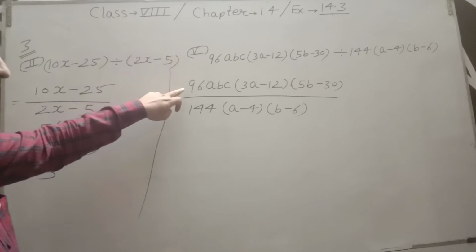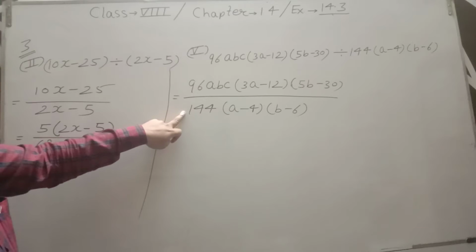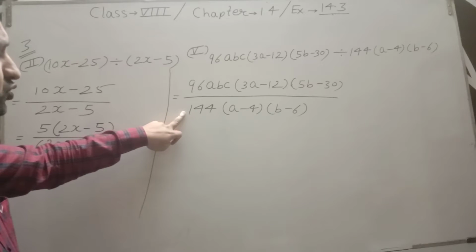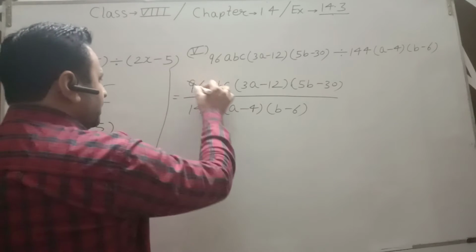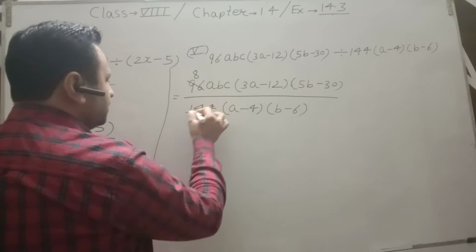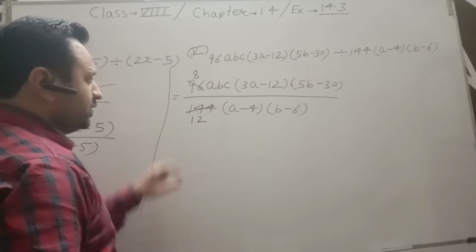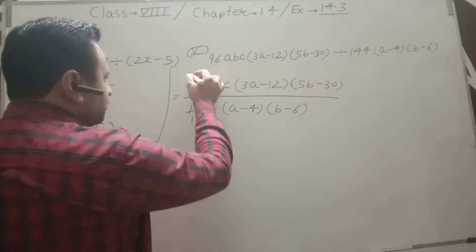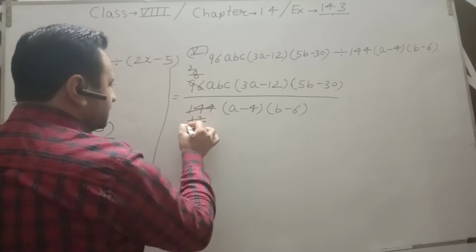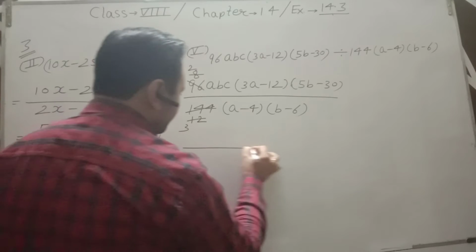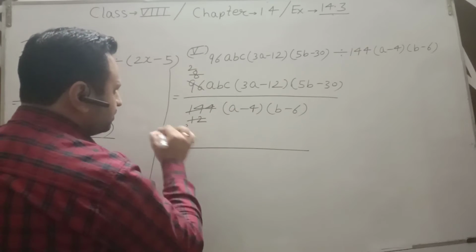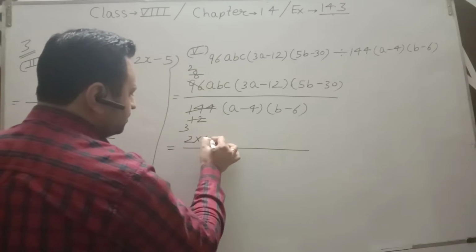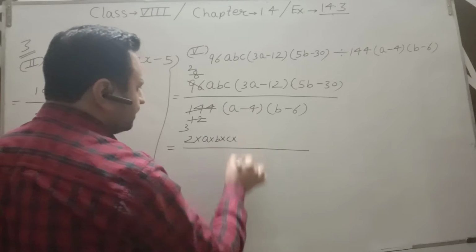Now we observe that 96 and 144 are both divisible by 12: 12 times 8 is 96 and 12 times 12 is 144. 8 and 12 are both divisible by 4: 4 times 2 is 8 and 4 times 3 is 12. So in the numerator we have 2 into a into b into c.